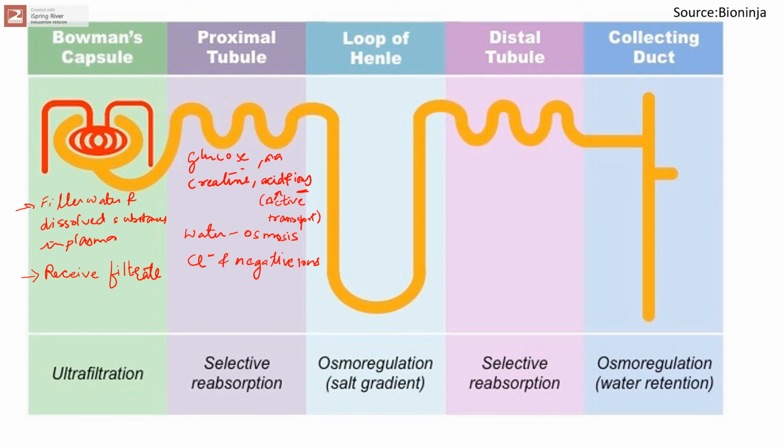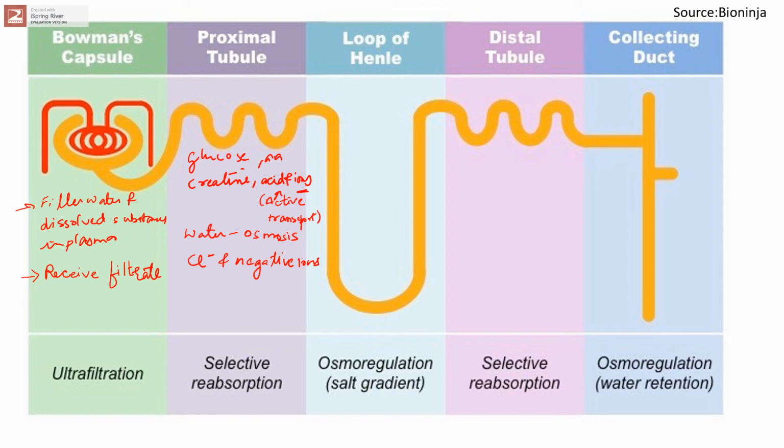And in this area, some amount of secretion also occurs. So by now you should understand that reabsorption means reabsorption back into the peritubular capillaries, back into the bloodstream. When I say secretion, it means being secreted back into the filtrate to be excreted as urine.